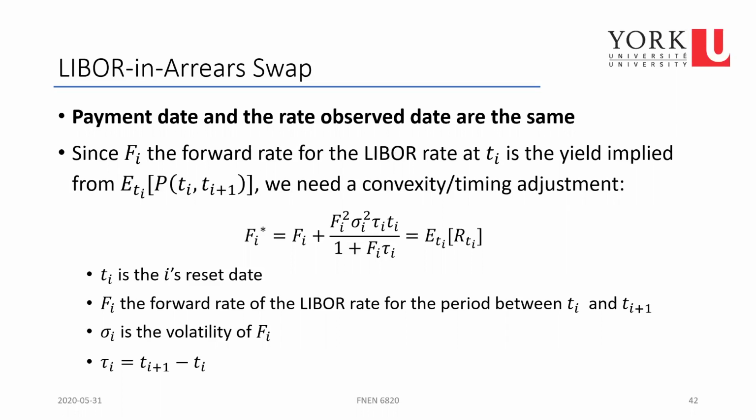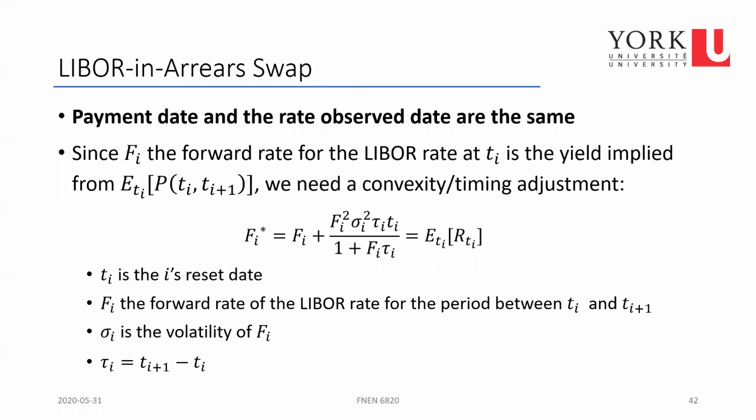Now, if that is the case, however, if you look at this rate, this is the current forward rate that you observe at the current time 0 for a period between Ti and Ti plus 1. You see that this is an expected value of this zero coupon bond between Ti and Ti plus 1.